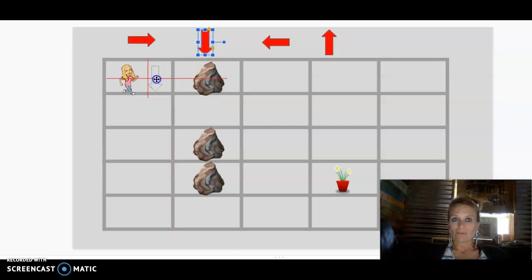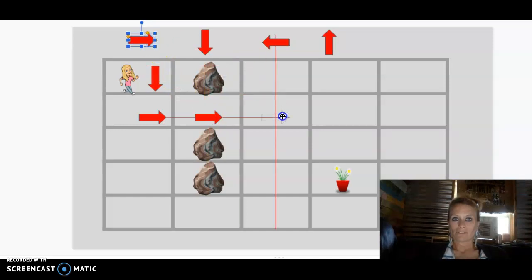I'm going to go down 1, and then I'm going to go over to the right. I think I can fit here, so I'm going to go over again. I'm going to go straight. Yep, and then I'll go straight again.